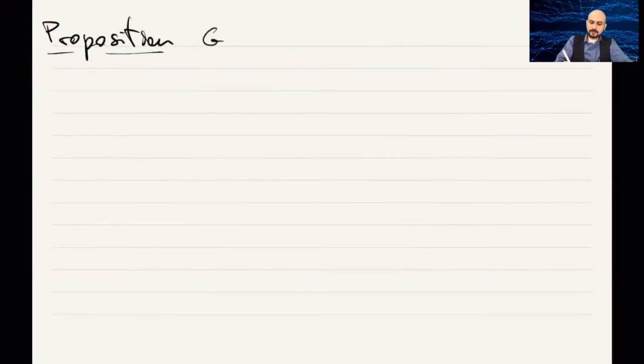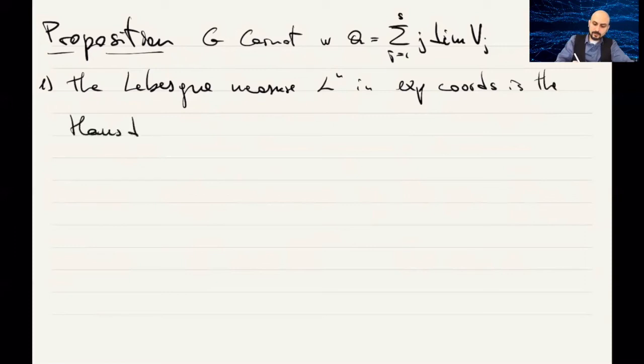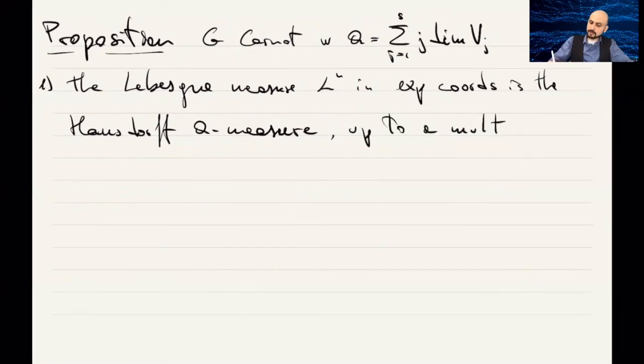So let's say that we have a Carnot group with the usual stratification, and we define this Q, which is the sum of j times the dimension of Vj. Now, first thing, the Lebesgue measure in exponential coordinates is a Q-dimensional Hausdorff measure, up to a multiplicative constant.